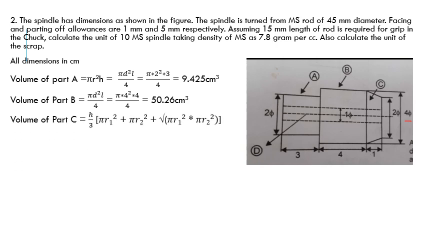Coming to part C, it is not in the form of a cylinder. Shape is a little bit different. How does it look? It looks like the frustum of a cone, right?